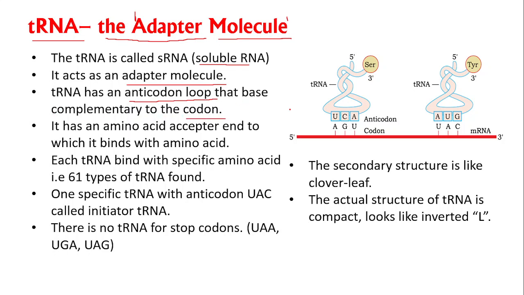In this diagram, this is the loop which is called the anticodon loop. And in the anticodon loop, what will be there? The anticodon will be present for a particular codon, as we have already discussed in the salient features of the genetic code.